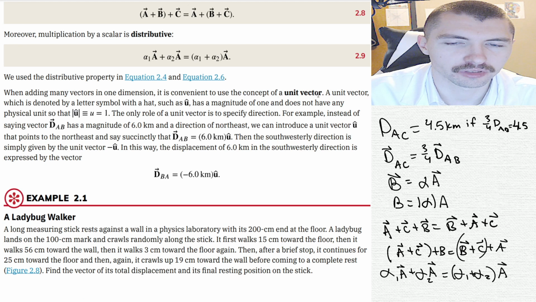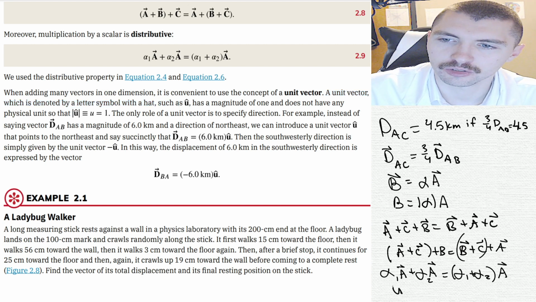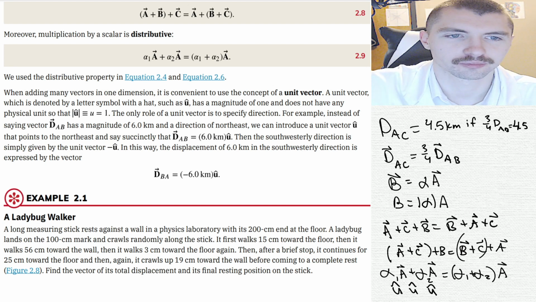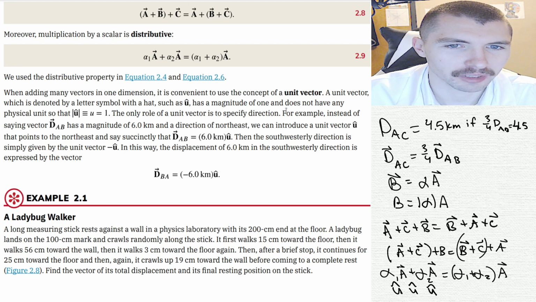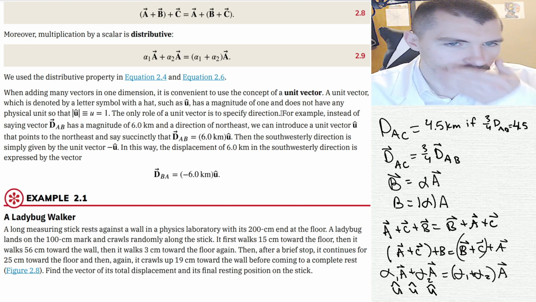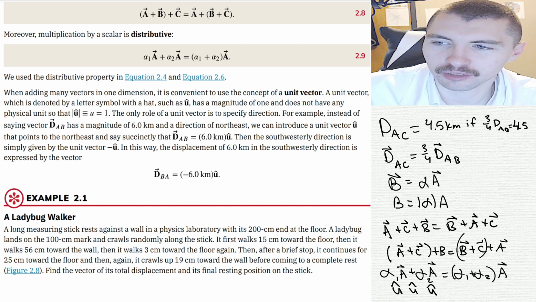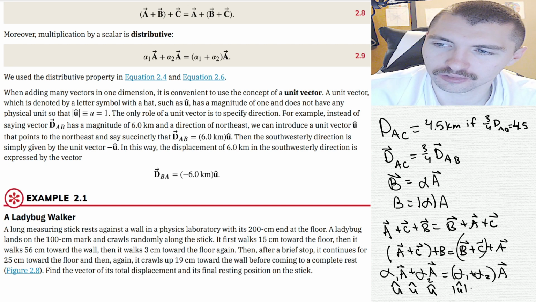it's convenient to use the concept of a unit vector. It's a symbol with a hat, so U hat. U hat is a unit vector with a magnitude of 1, so the absolute value of U hat equals 1.